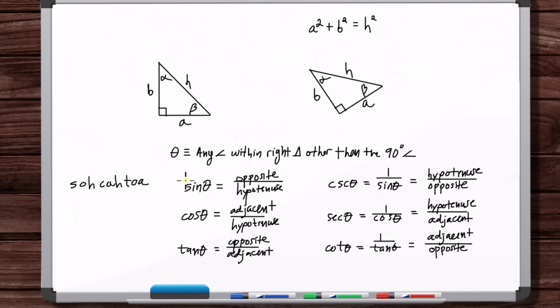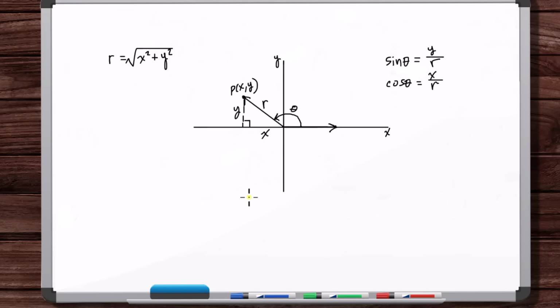Every one of these definitions was based on dividing one side length by another, which is always positive. But with the general definition of trig functions, the sine or cosine of an angle can be negative. The tangent of theta would also be negative here because you'd have opposite over adjacent.